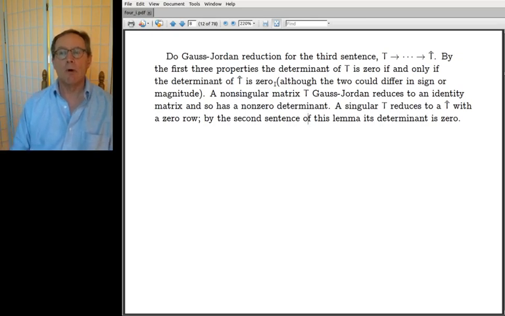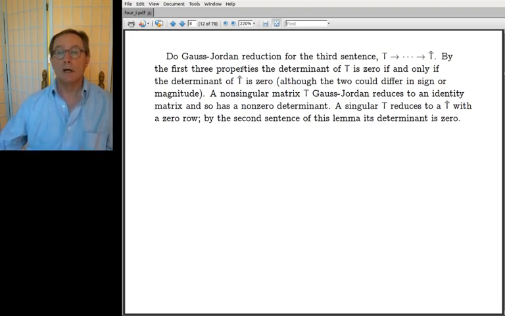Now, don't get me wrong, you could have swapped some rows, so the determinant of T hat might be negative, where the determinant of T is positive. That could happen. Or you might have multiplied a row by some number, and so the determinant of T hat is k times the determinant of T. That could happen, but the zeroness or non-zeroness will be unaffected.